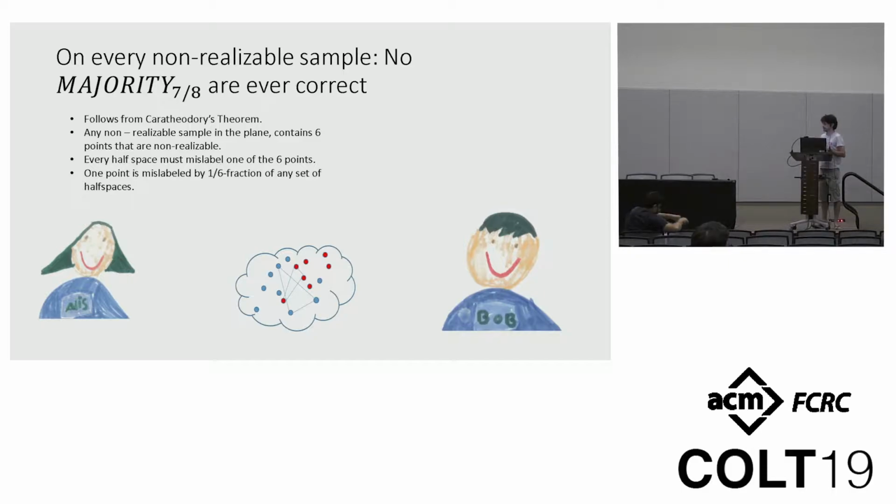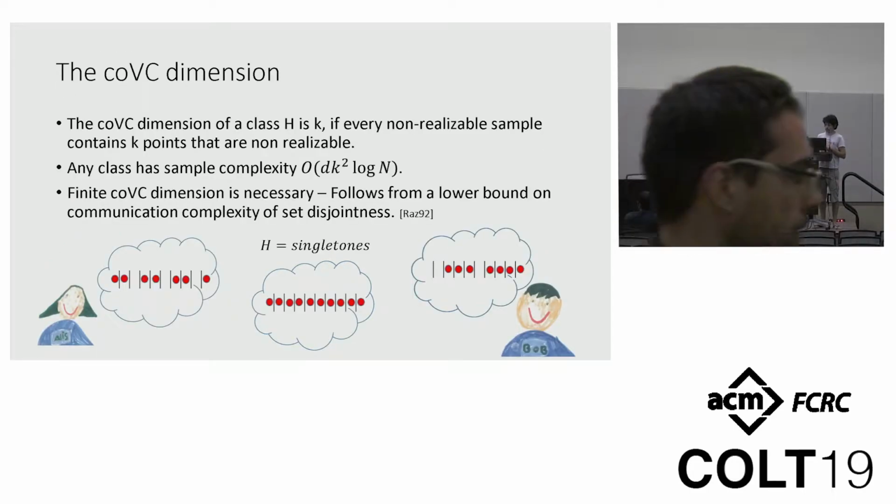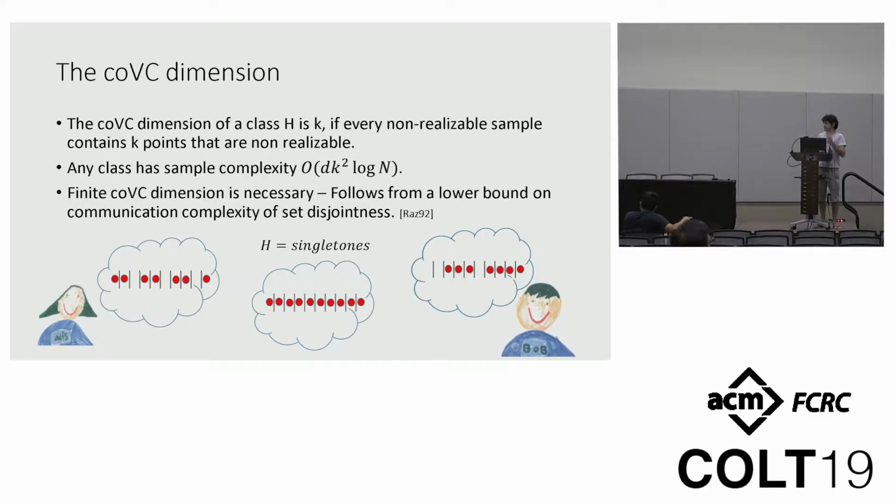So these 6 points are non-realizable. And then by the pigeonhole principle, you get that you cannot have 7/8 of the hyperplanes correct on every point. Okay?